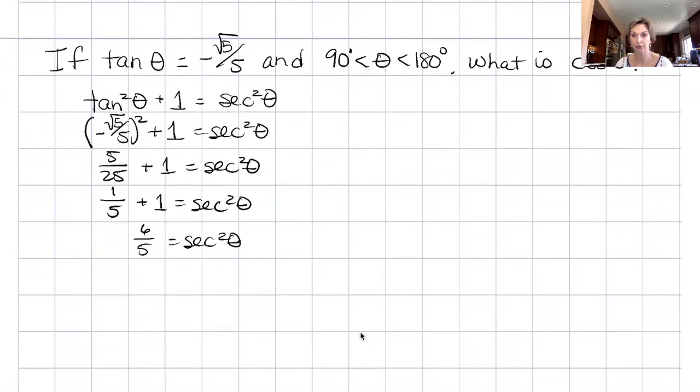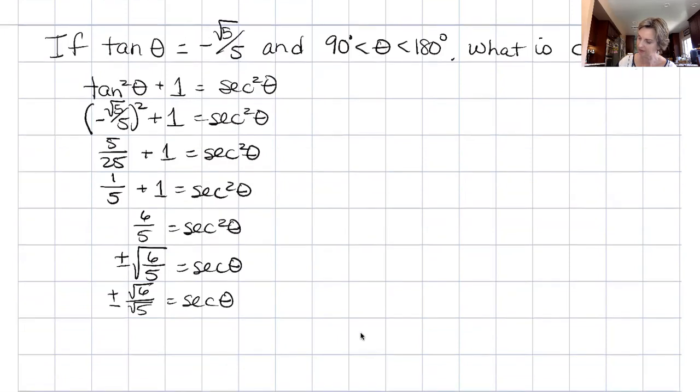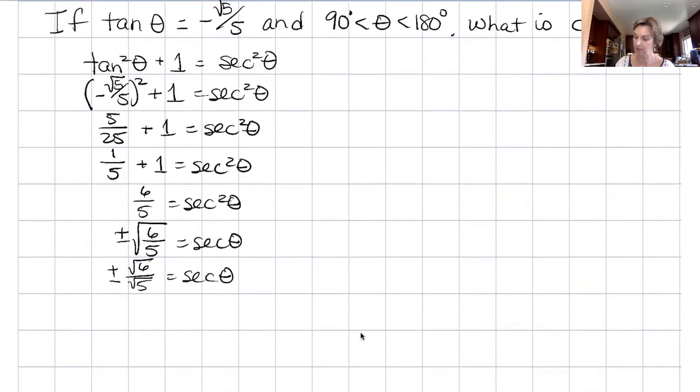Now we're going to square root both sides. So that would be, we're solving for secant, plus or minus the square root of 6 over the square root of 5. It's got a square root on the bottom, so multiply top and bottom by the square root of 5.